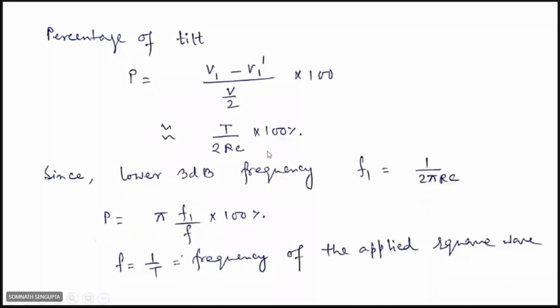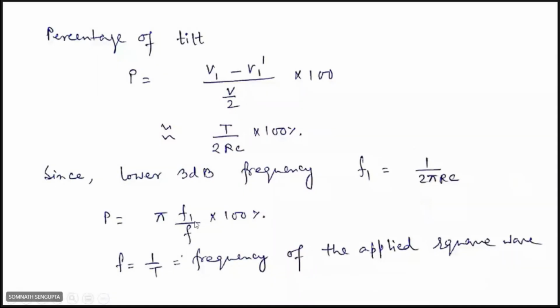Now the cutoff frequency, or lower 3 dB frequency, for the RC circuit is 1 by 2 pi RC. So we can correlate that P is equal to pi into F1 by F into 100%.